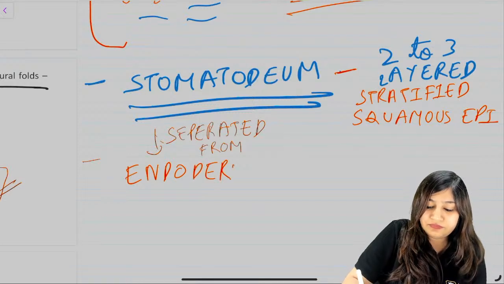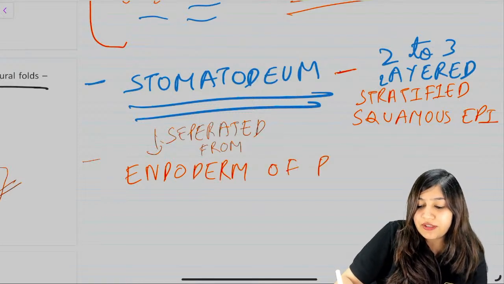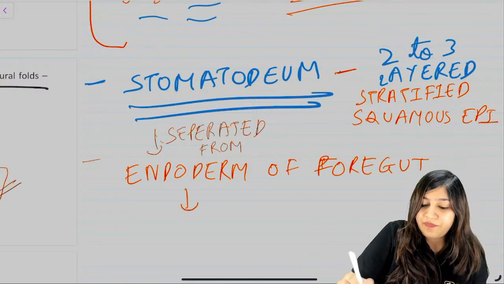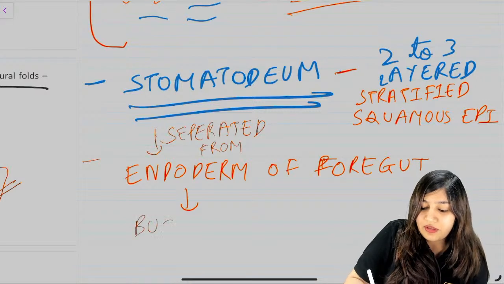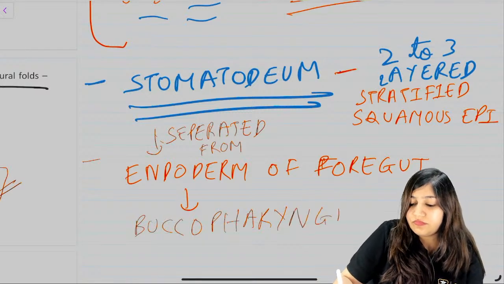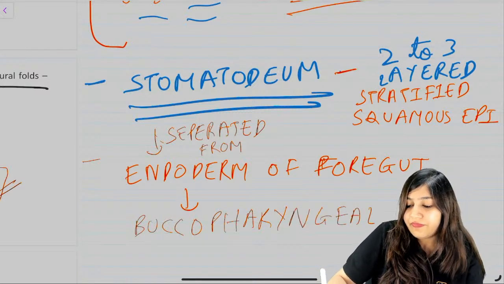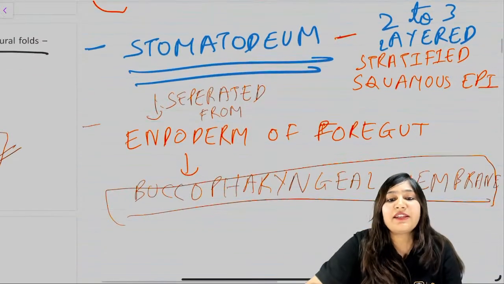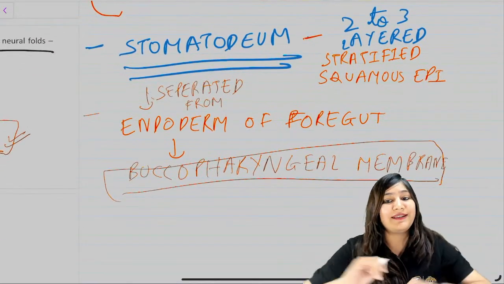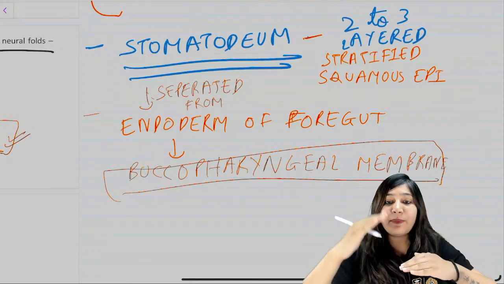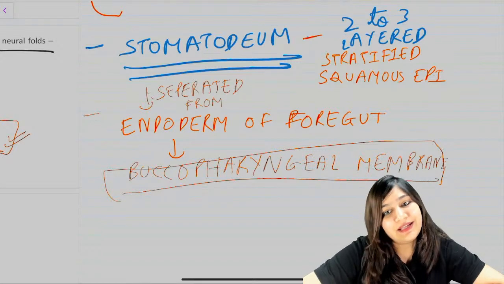Endoderm of foregut separated by buccopharyngeal membrane. This buccopharyngeal membrane ruptures at 27th week of gestation, leading to connection between the ectoderm and the endoderm.